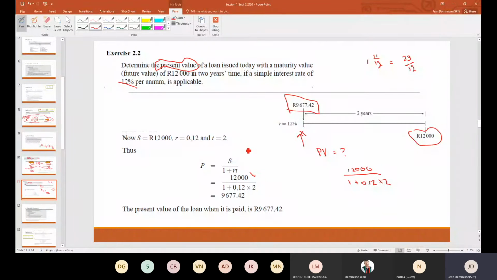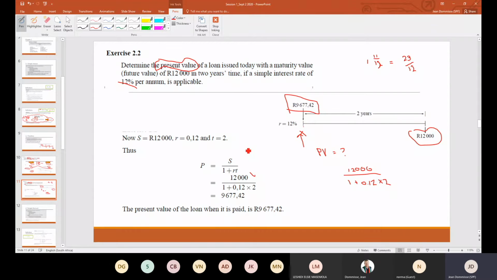So they could have asked you also on this one to say, what was the interest? So again, then it is basically, you take your future value of the 12,000, you subtract your present value of the 9,677.42, and that would have been your interest amount.